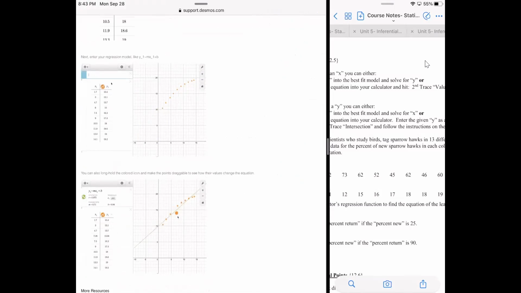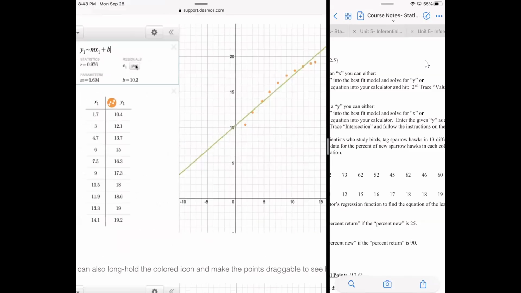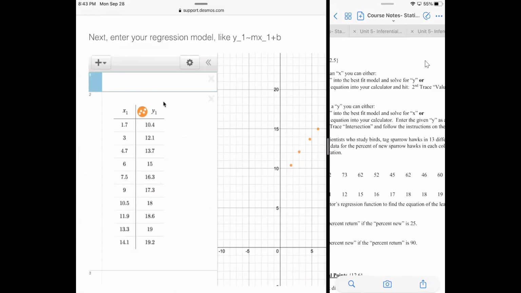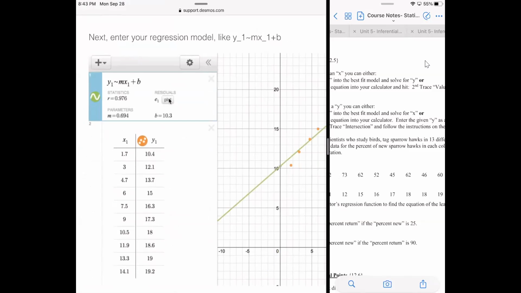So the question becomes, once you have that, how do I come up with a regression equation? That's a little bit of a different story, and it's specifically related to the points that we're using in the table. You see how the columns, it's kind of hard to see. Even when it's zoomed in, it moves kind of fast, but you can see how it's labeled as X1, Y1.